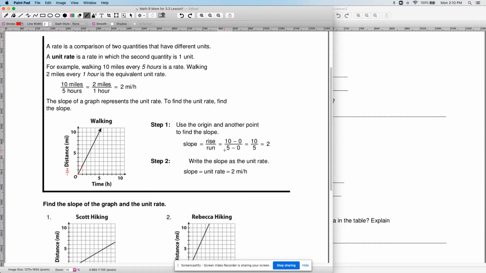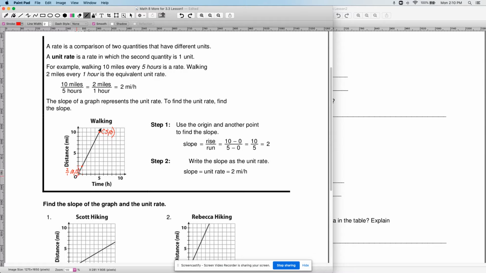Or we can subtract. We have another point, 10 over 5. So when we go 5 hours, we would go 10 miles. So we have a point, this is (5, 10), and this is (0, 0).